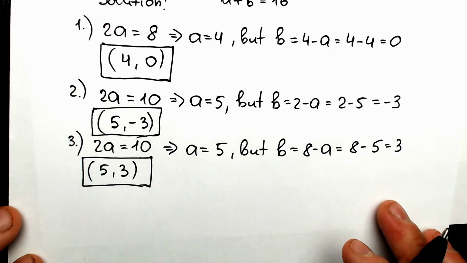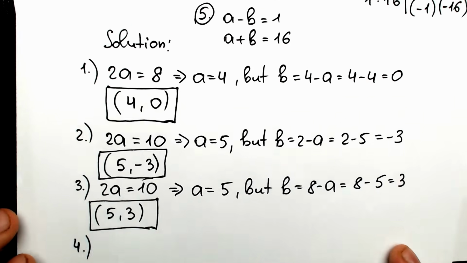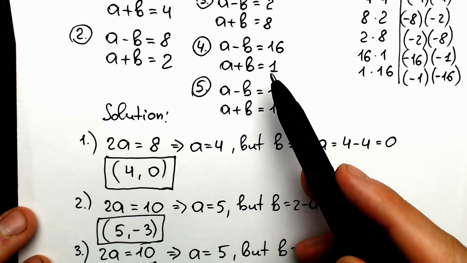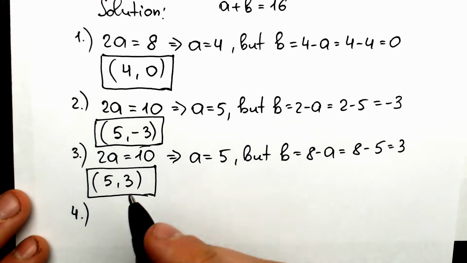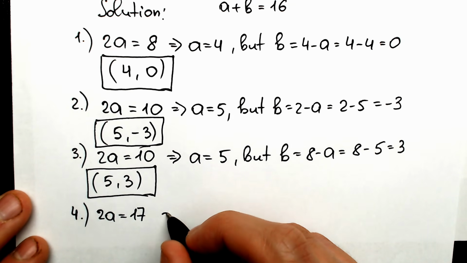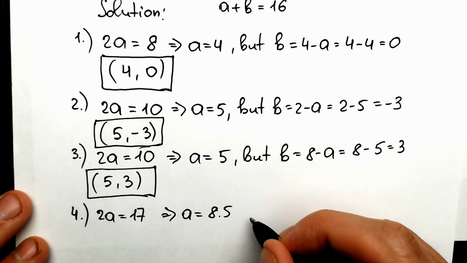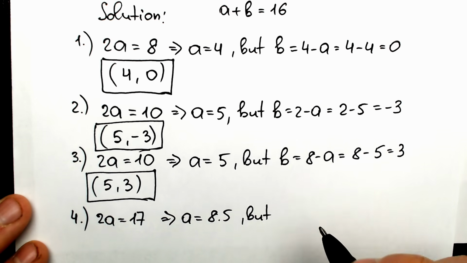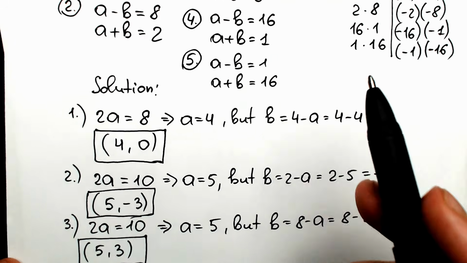And let's go to the fourth system of equations. Let's solve our fourth system of equations. Where do we have it? We have right here 16 and 1. So 2a equal to 17. And from here our a is equal to 8.5. But if you're talking about b, in the fourth system of equations, b equal to 1 minus a.